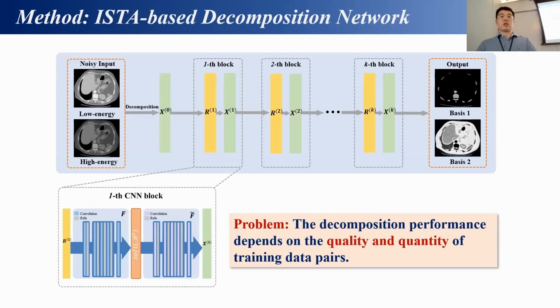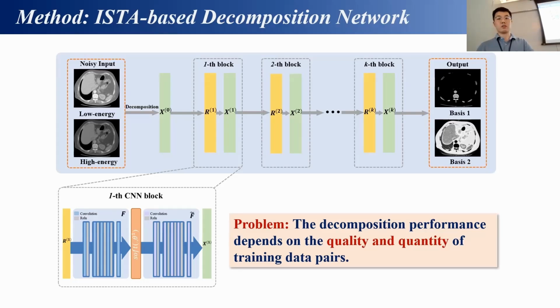Therefore, this complete iterative decomposition process can be expressed as follows, taking the high and low energy reconstructed images and the high quality basis image pair as the inputs. Each CNN module represents a one-step iterative reconstruction, and it outputs the expected high-quality basis images by cascading multiple CNN modules.